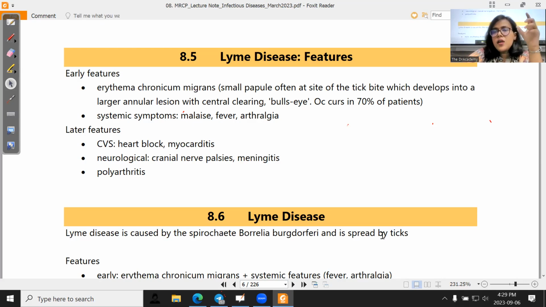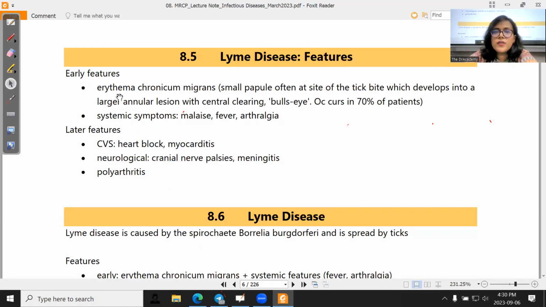So in the stem, try to look for if there is any mention of any tick bite, and if this is not mentioned directly, try to look for clues like whether the patient has traveled in the American forest, like Northeast America, usually in the forest regions. These ticks are more prevalent, and after coming back from mountaineering or backpacking, the scenarios will follow, like fever, joint pain, facial asymmetry, all these things. So that will be a clue.